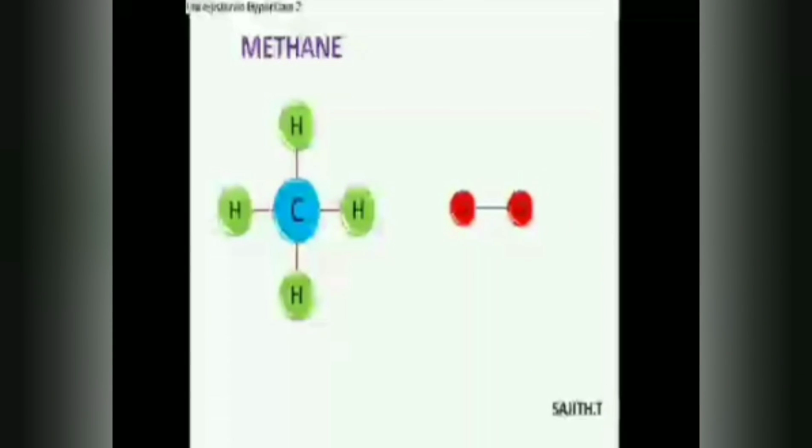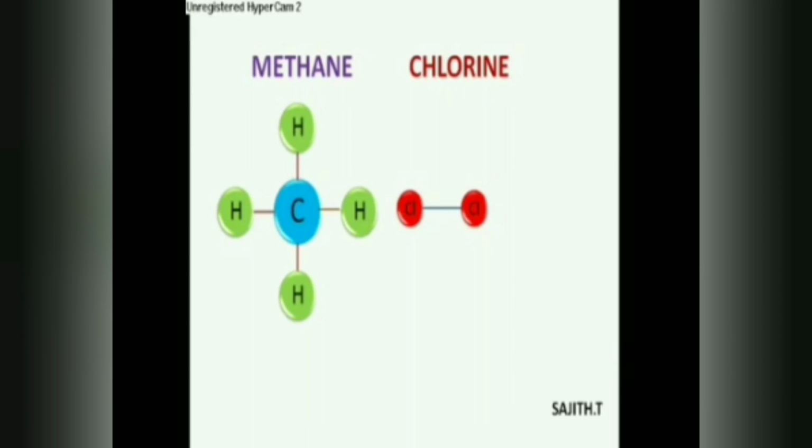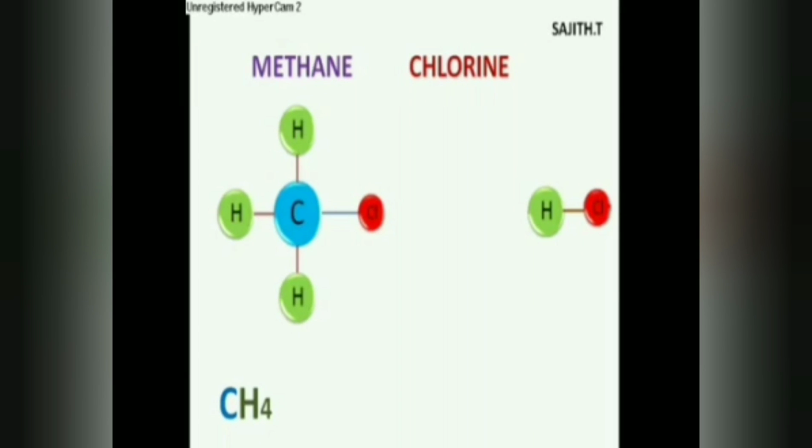Dear students, this is an example of substitution where methane reacts with chlorine and forms methyl chloride. The methane carbon contains 4 hydrogen atoms, one of which is substituted with a chlorine atom, so that the hydrogen of the methane is substituted with the chloride to form methyl chloride.